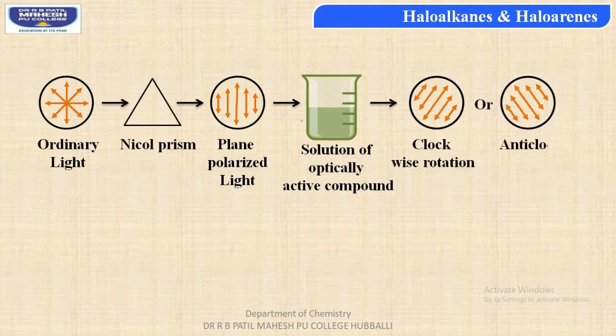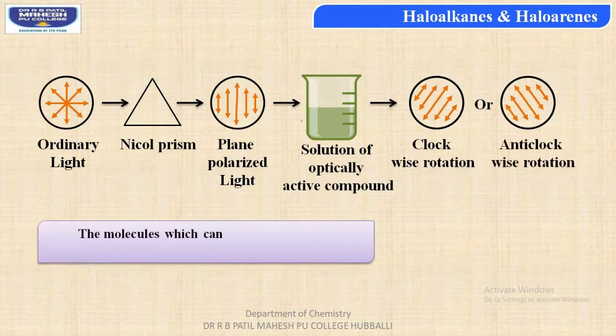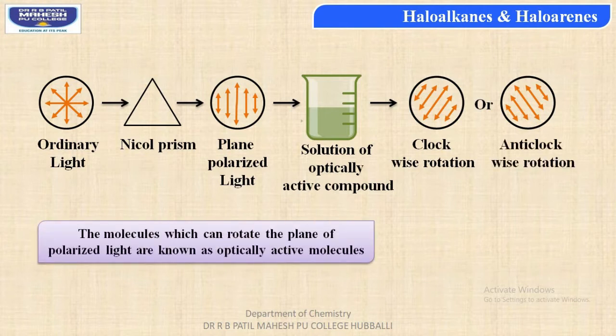Thus, we can conclude that the molecules which can rotate the plane polarized light are known as optically active compounds. Either they rotate the plane polarized light towards the right side, that is clockwise, or left side, anti-clockwise rotation, they are said to be optically active compounds.